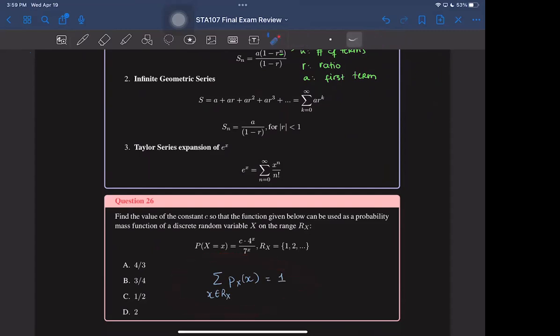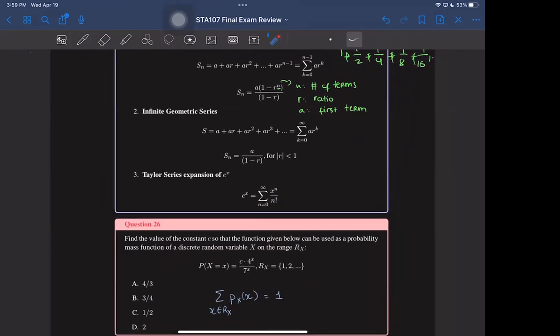This is the condition for some function to be a valid probability mass function. You should use one of the 3 formulas given above.